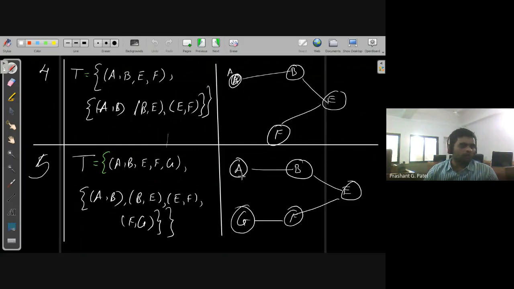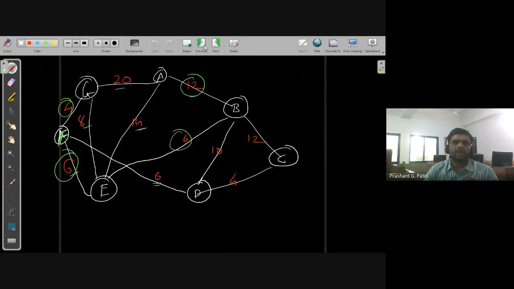Now you have been given a freedom. You are able to choose an edge which has not been chosen and which has minimum weight. This 20 cannot be chosen here, because if we choose this 20, then it will form a cycle. So there are edges which have not been chosen: 20, 14, 8, 6, 4, 10, 12.